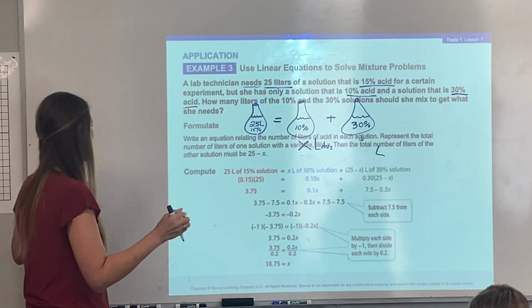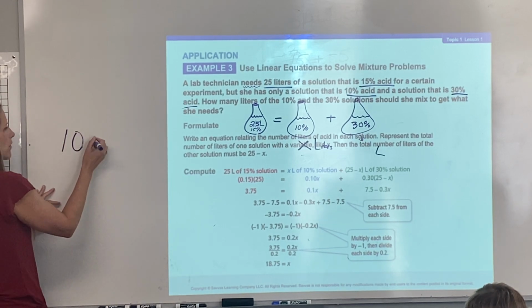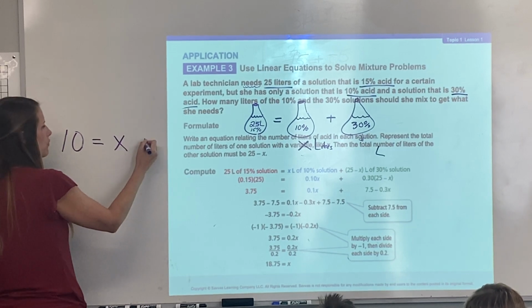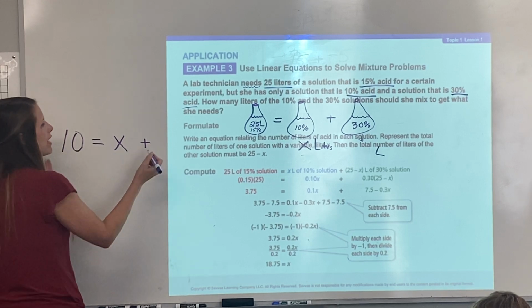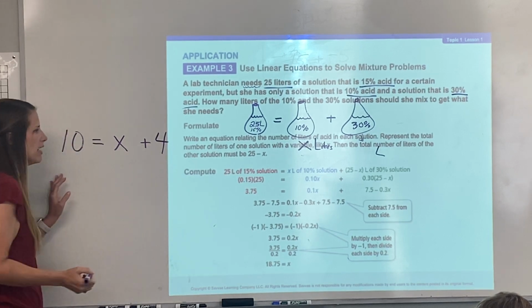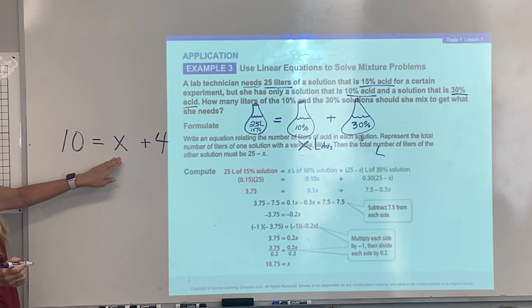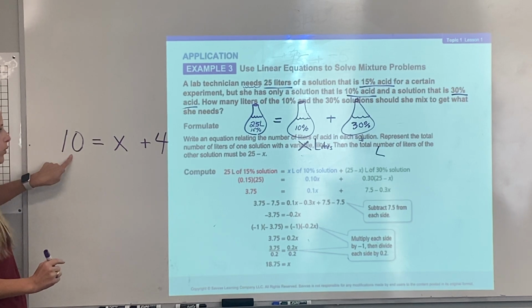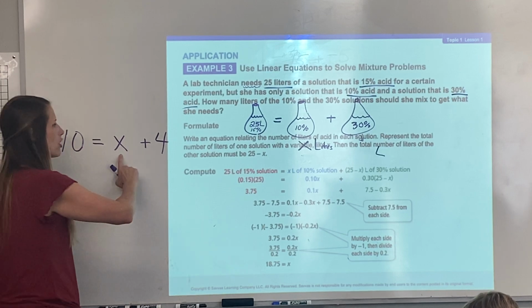Okay, I am gonna make baby equations. Let me just say we need 10 liters, okay? And then let's say I need some over here, and then let's just say the rest is 4. How do you write an expression using the 10, the total, and the x to get 4?